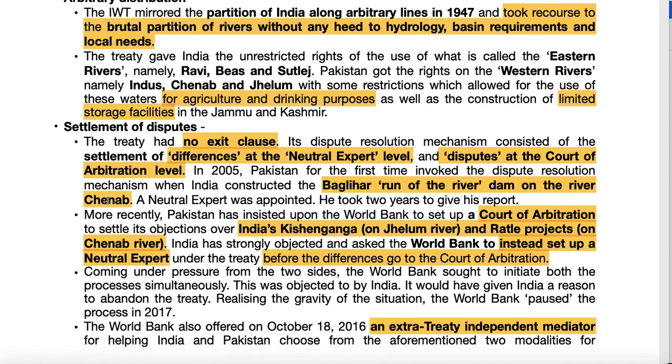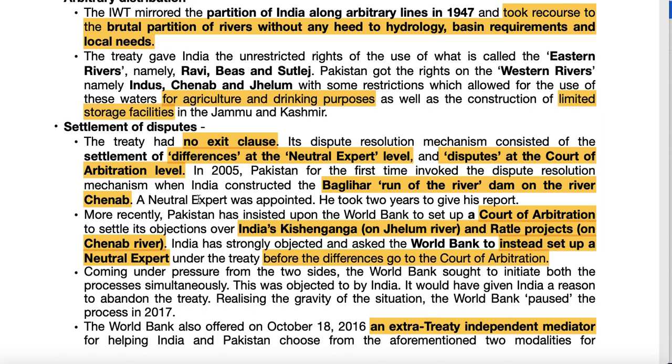As you can see, the Chenab river is a western river which is actually allocated to Pakistan. But as I have said earlier, India is allowed to explore western rivers for consumption purposes. So the difference was that the Baglihar project was not just meant to explore the river water for consumptive purposes, but was a big storage facility, that is a dam, which India is not allowed to build on the western rivers.